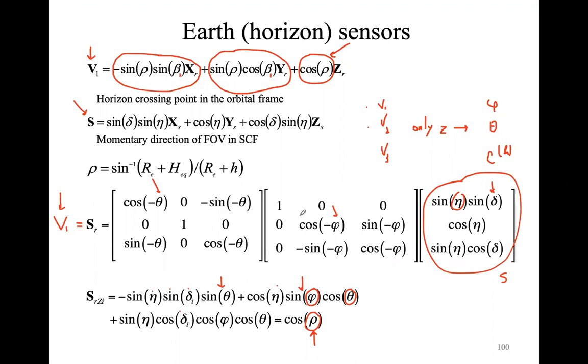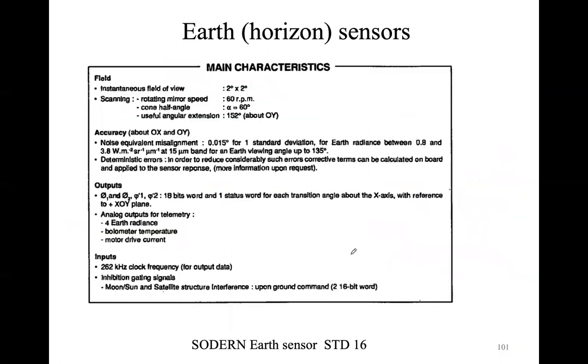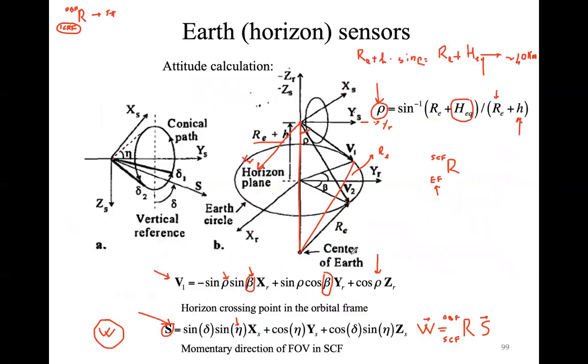If that was not close to the orbital reference frame, of course, those rotation matrices would be different. So that's the reason why I'm trying to do an analogy to that. And so you can see that theta and phi are exactly the pitch and roll angles. That was your question, or?